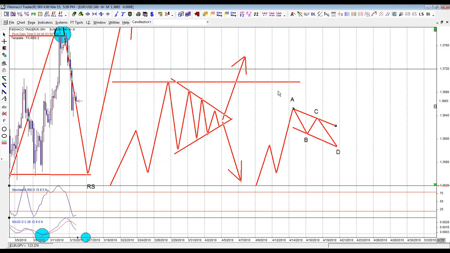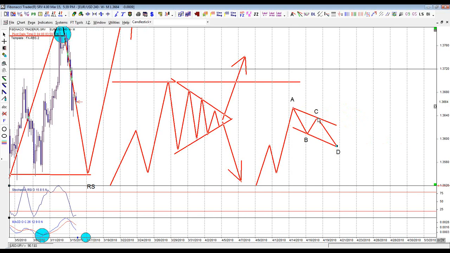And a flag, the best way to trade it is to find an AB equals CD inside. And once we find the AB equals CD, then we will draw those extra lines. We'll place them in so we can actually form the pattern.